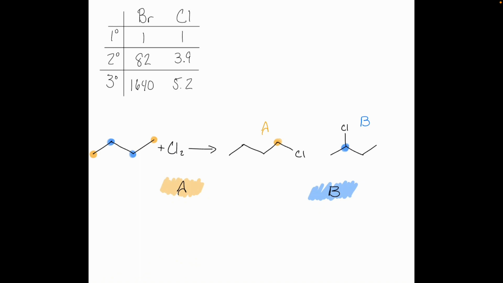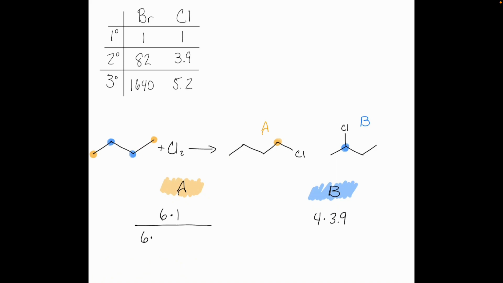How many hydrogens are in group A? How many hydrogens are on these orange carbons? 6. The reactivity factor of group A? 1. What about how many hydrogens are in group B? 4. And then the reactivity would be that 3.9 because it's a secondary.